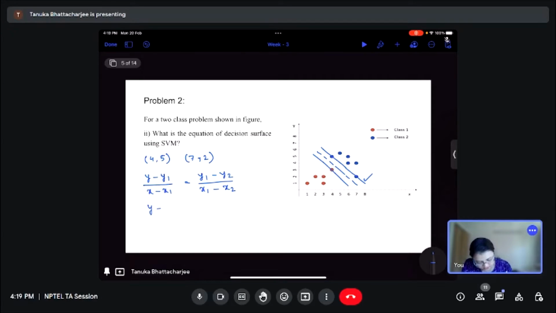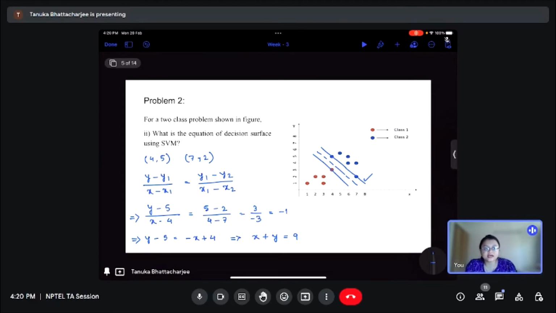So, let us do that. So, this will be the boundary for class 2.